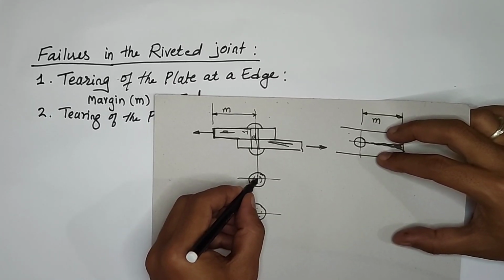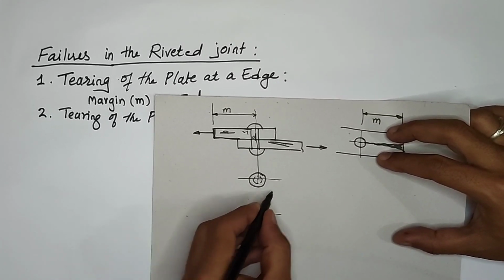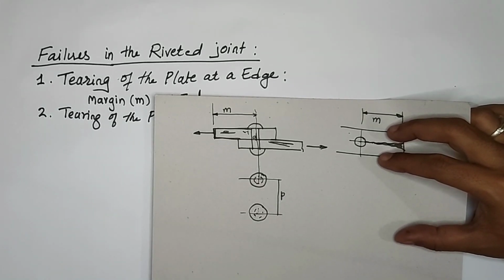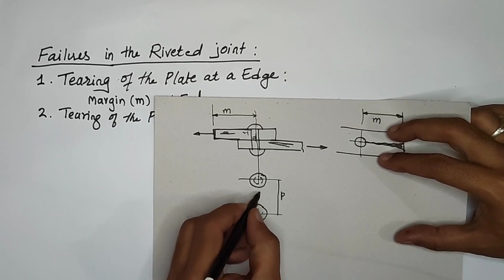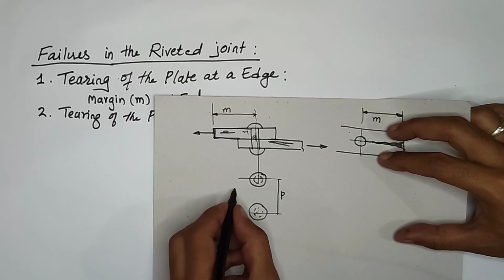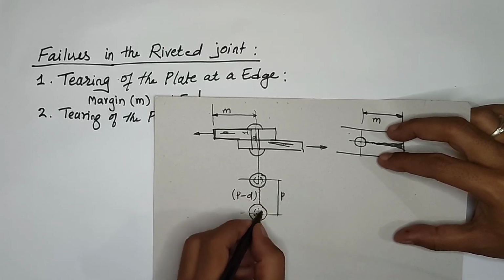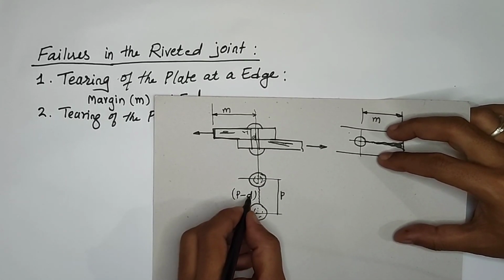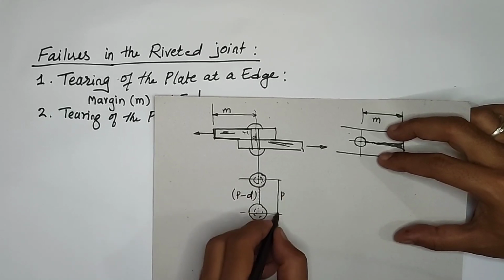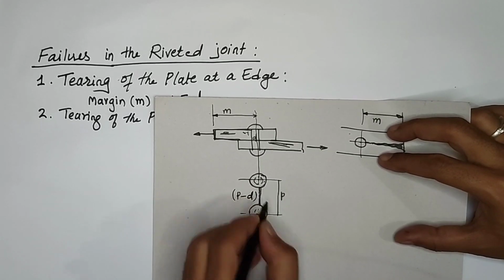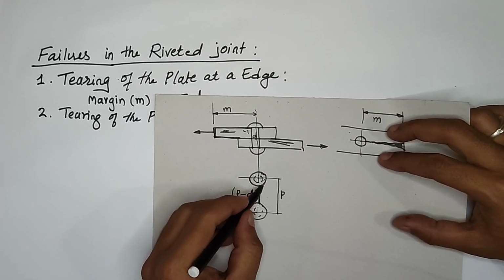The distance from the center of one rivet to the center of another rivet we call the pitch. The distance between these two circles is taken as pitch minus d, since the semicircle and this semicircle together total d.